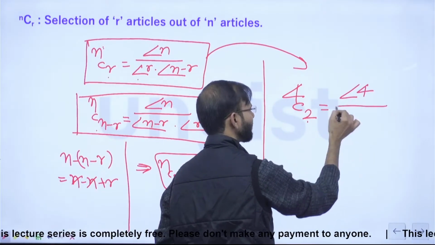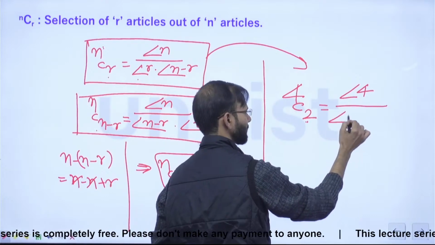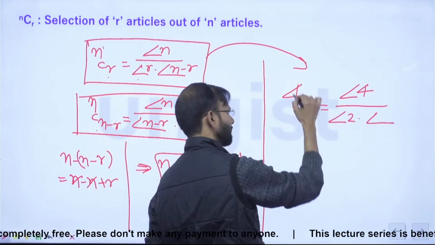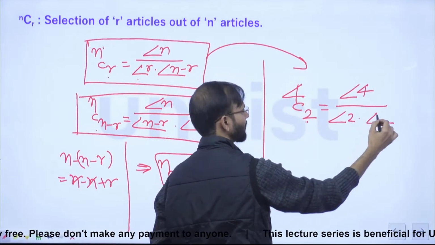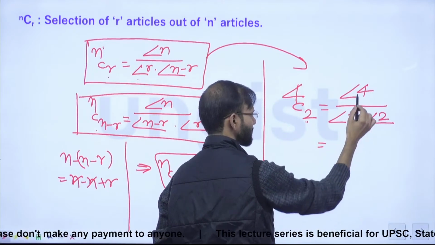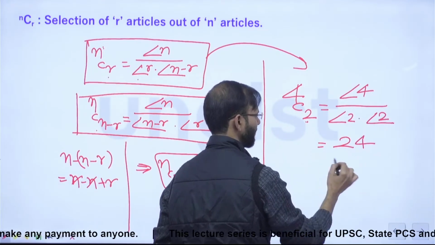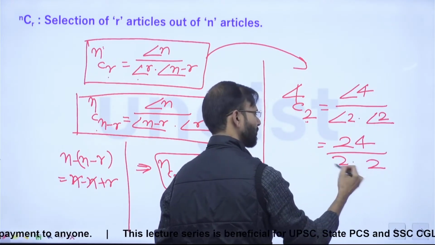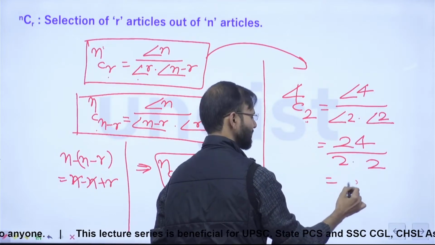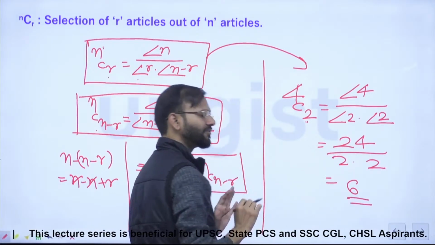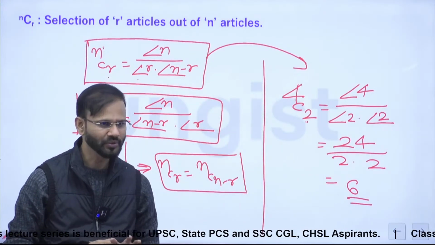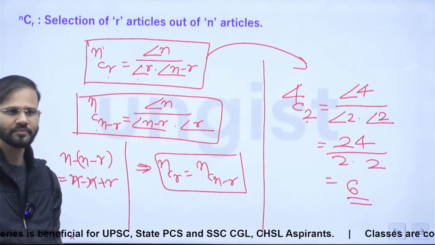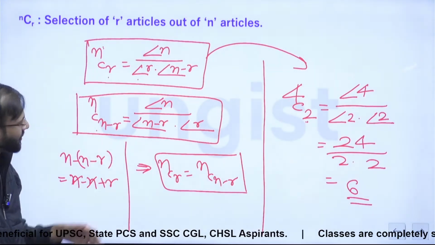Factorial 4 divided by 2 factorial into the factorial of the difference, so 2 factorial once again. So this is 24 divided by 2 into 2. 2 into 2 is 4. 24 by 4 is 6. So guys, the value is verified. Okay, everyone, the value is verified. So please note it down.